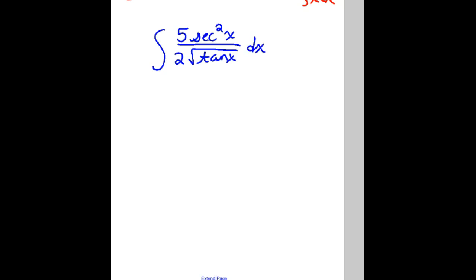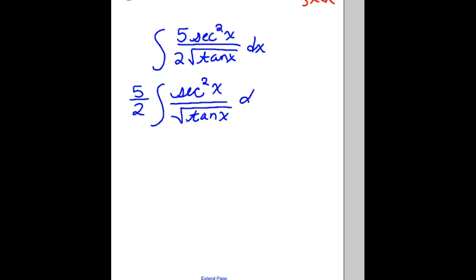I'm going to do my number 1 rule with integration, which is I always like to bring my constants out front. So I'm going to bring the 5/2 out front just to get it out of the way. I'm integrating secant squared x over the square root of tangent x dx.